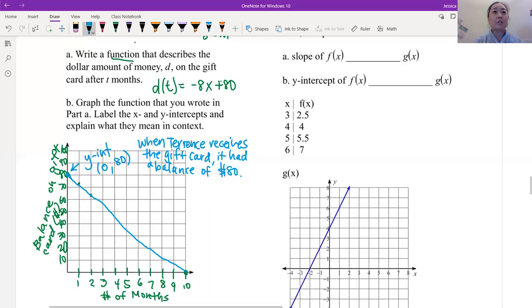And then what does the x-intercept mean? So this part right here, this is the x-intercept, which we know to be (10, 0). So what does that mean?